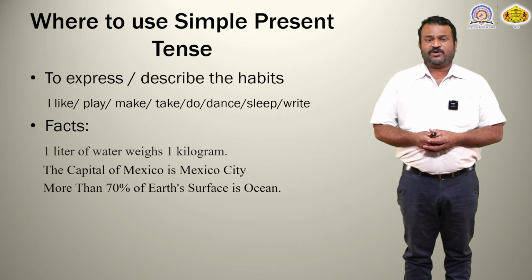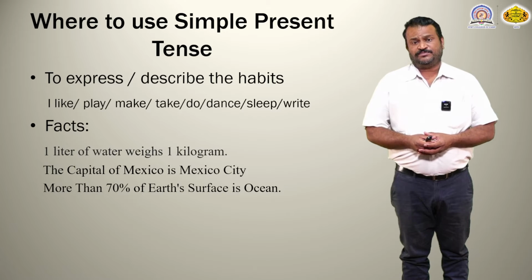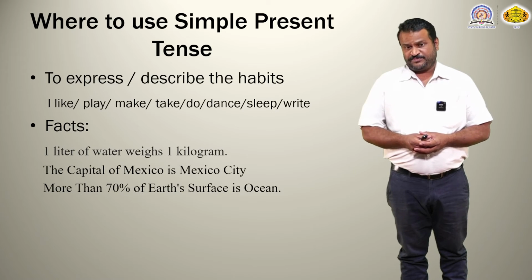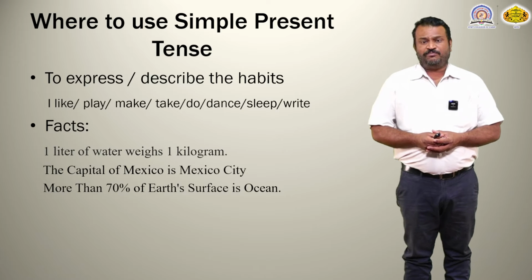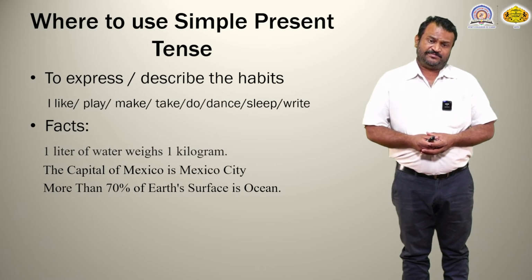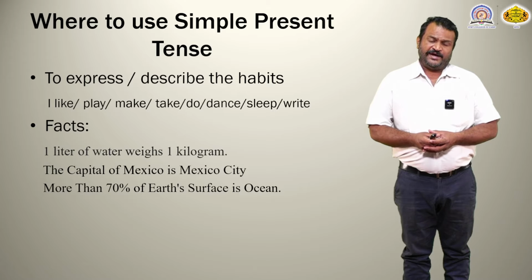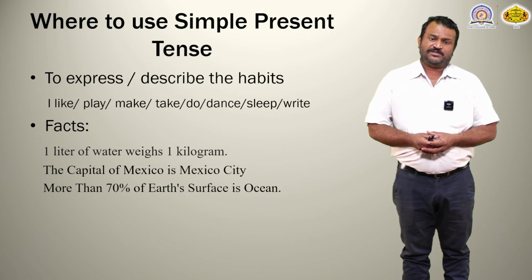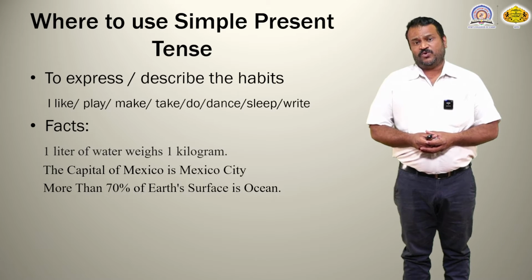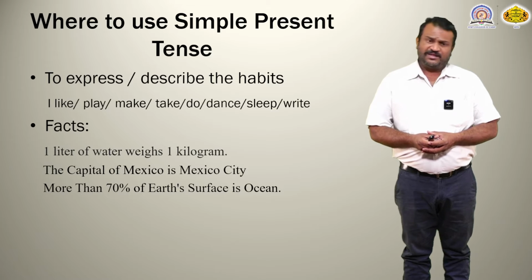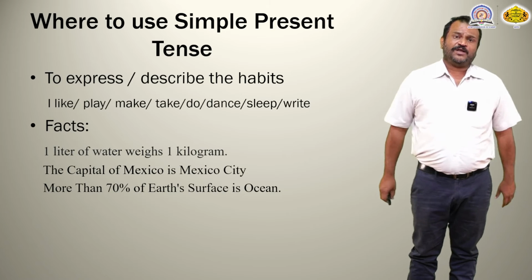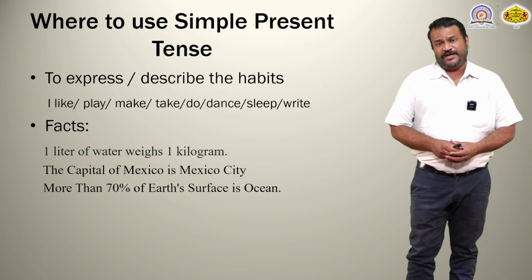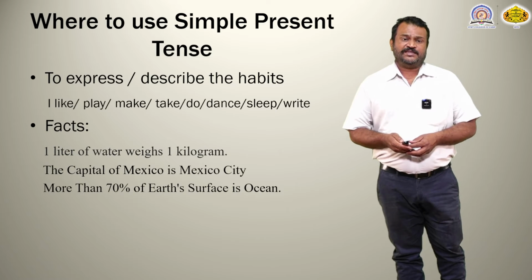For example, 1 liter of water weighs 1 kilogram. The capital of Mexico is Mexico City. And more than 70% of Earth's surface is ocean. So these are the facts. The facts are always to be expressed in simple present tense.